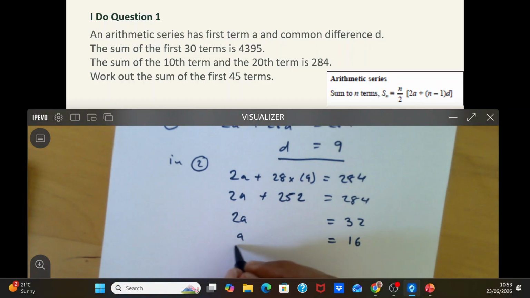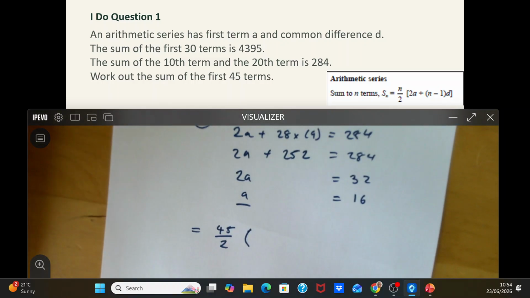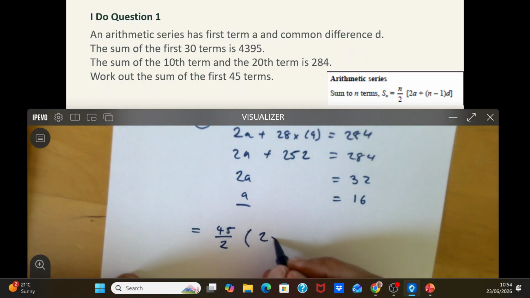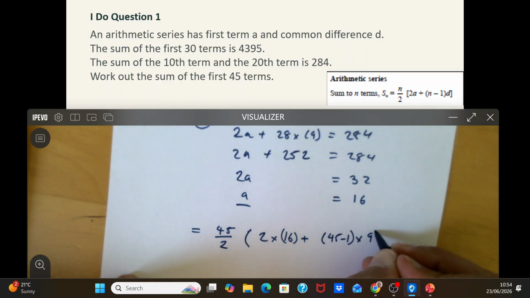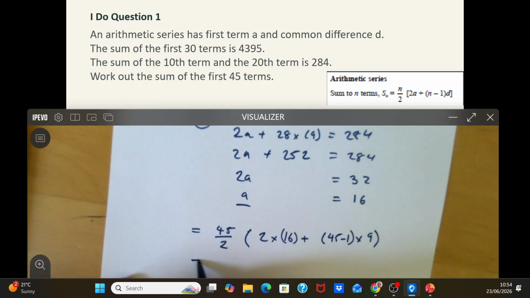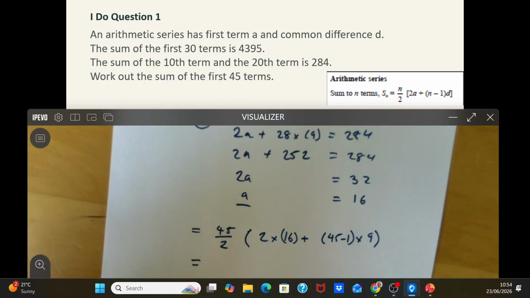So I now know what A is, I know what D is, and I can go back to the sum of my series because we want the sum of the first 45, which equals 45 over 2 times 2 lots of A, which is 2 times 16, plus 45 minus 1 times my D of 9. Make my calculator look like that.